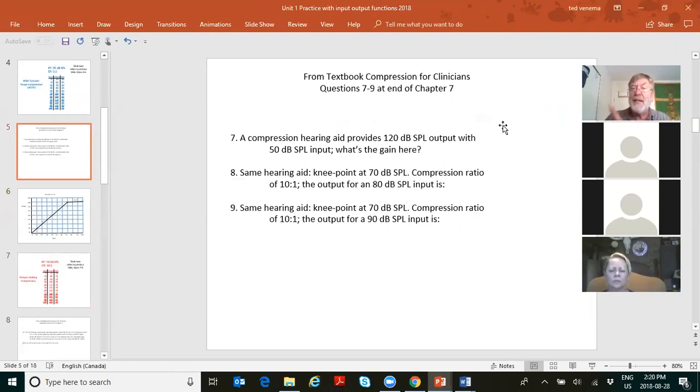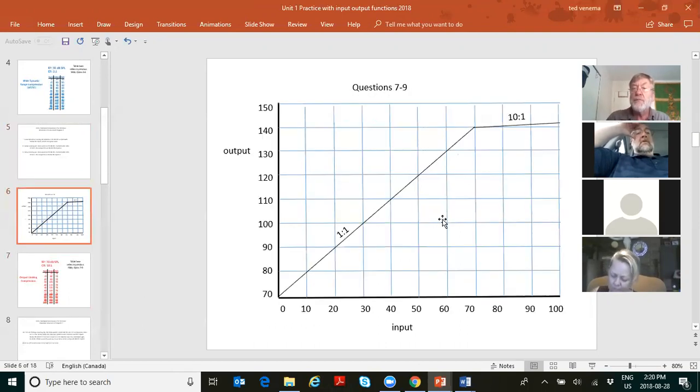Now go to question 9. Same hearing aid, knee point at 70, compression ratio of 10-to-1. Now read it carefully. The output for a 90 dB SPL input is? The output, 90 in, would be 142 out.